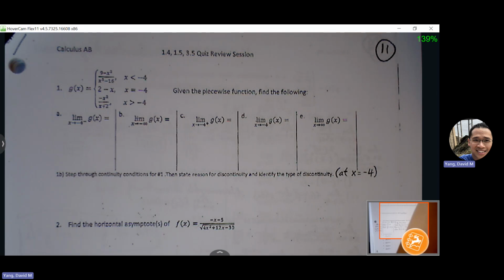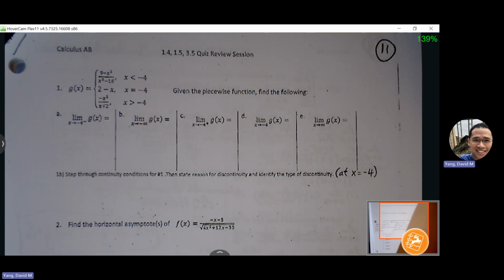Well, what does it tell us though? What does that tell you? So that's not going to work. What indicates a hole? 25 over 0.